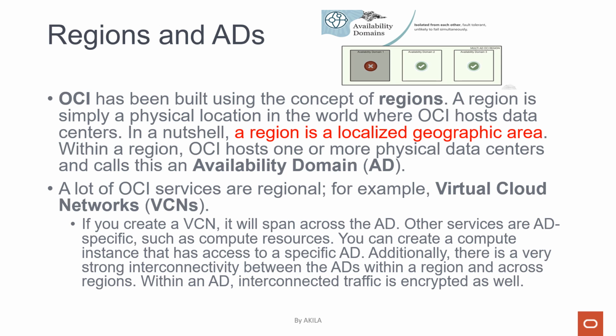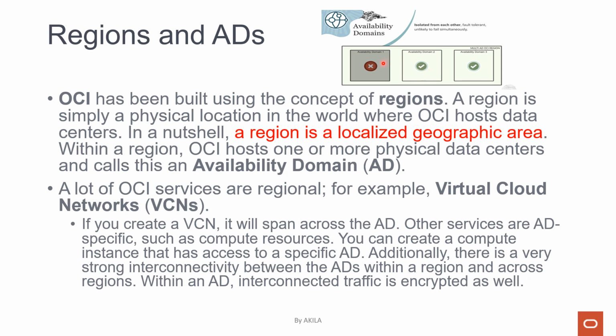In this figure, we have shown the different kinds of availability domains. Each region must have three availability domains, because if there is a fault in one, another is available for our purpose.